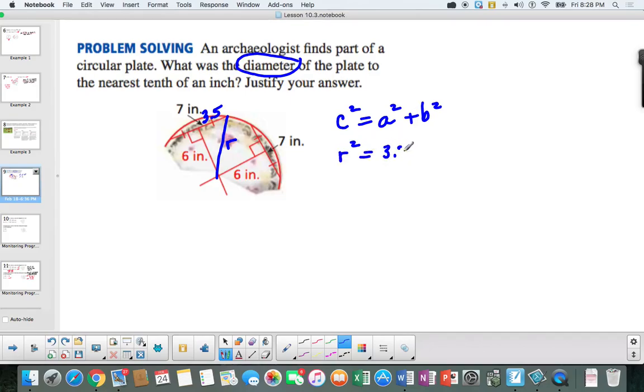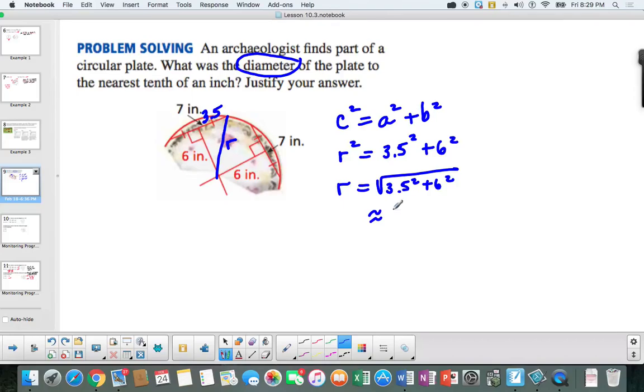I know this is 3.5 squared plus 6 squared, so R will be equal to root 3.5 squared plus 6 squared, and that'll be approximately, now remember this is only my radius. As soon as I figure out my radius, then it'll help me find my diameter.